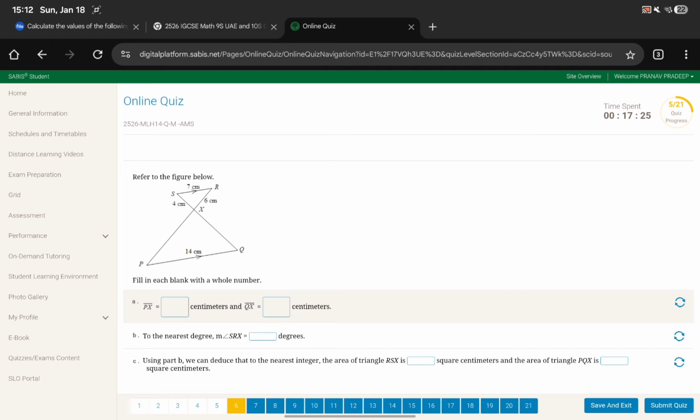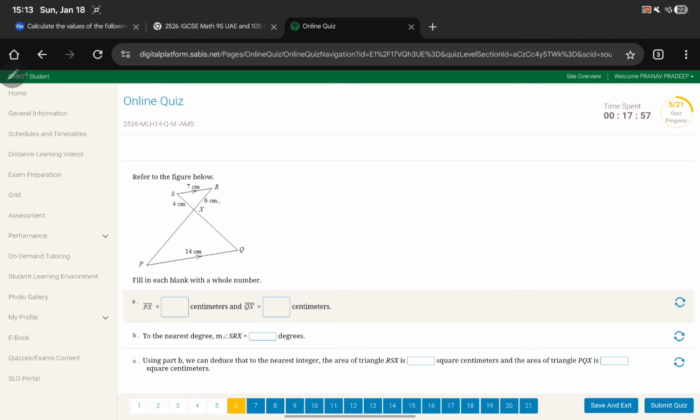Alright, this is one geometry question. Refer to the figure below. They're asking for PX, this one. Now what can we conclude from this? We know SR, they haven't written it, but SR and PQ are parallel, and SQ and PR act as transversals.